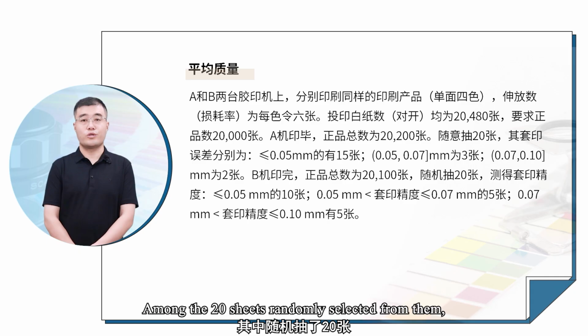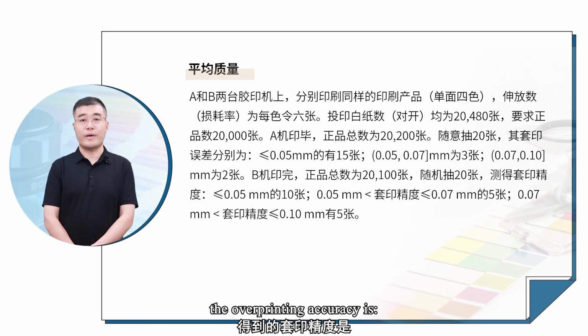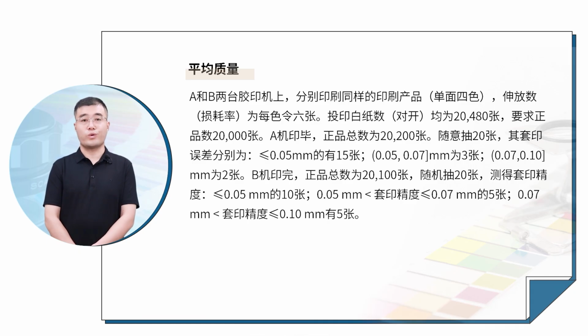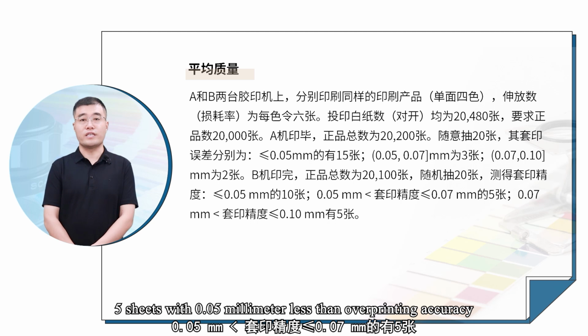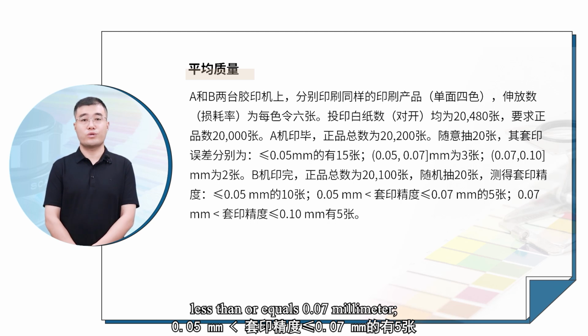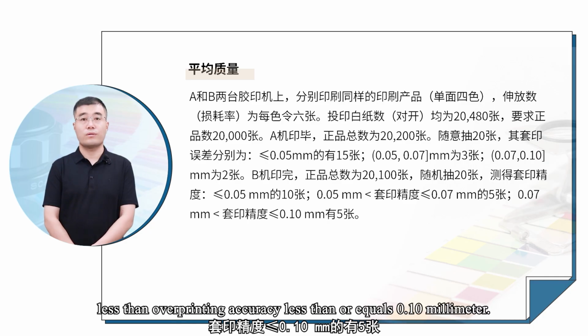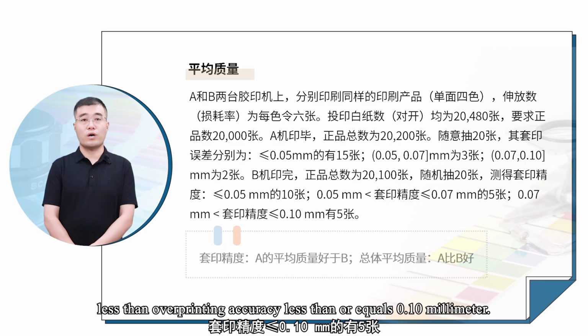Among the 20 sheets randomly selected from them, the overprinting accuracy is 10 sheets with less than or equal to 0.05 mm, 5 sheets with 0.05 mm less than overprinting accuracy less than or equal to 0.07 mm, and 5 sheets with 0.07 mm less than overprinting accuracy less than or equal to 0.1 mm.